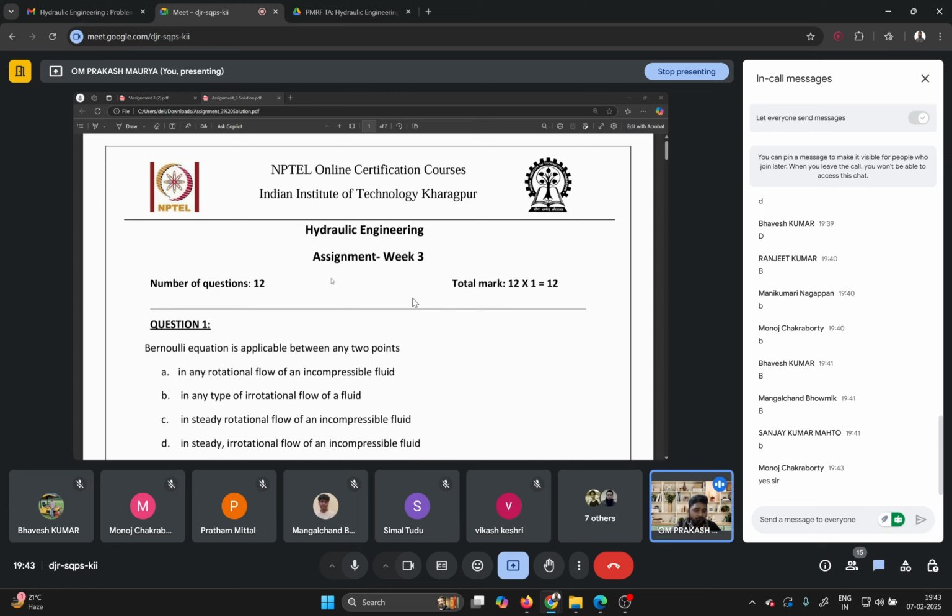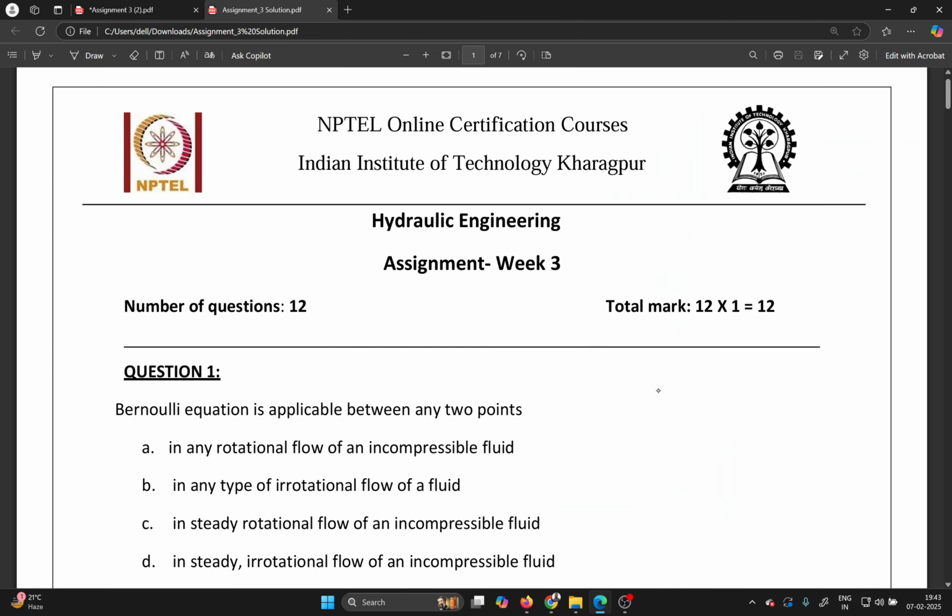So question number one, this is from your hydraulic engineering NPTEL. Here it is written 2023. The previous one was 2024, but this is from 2023.